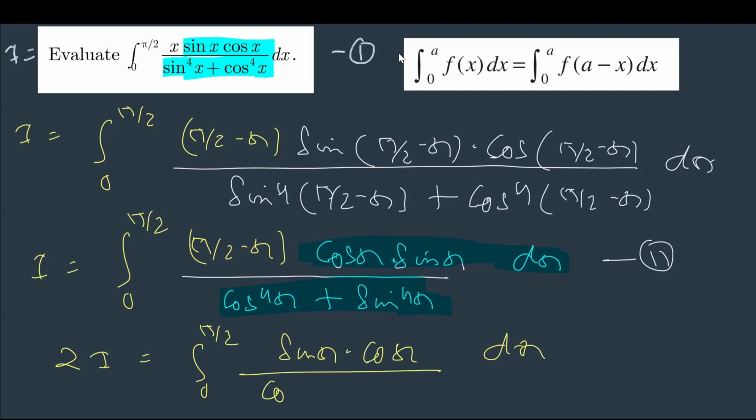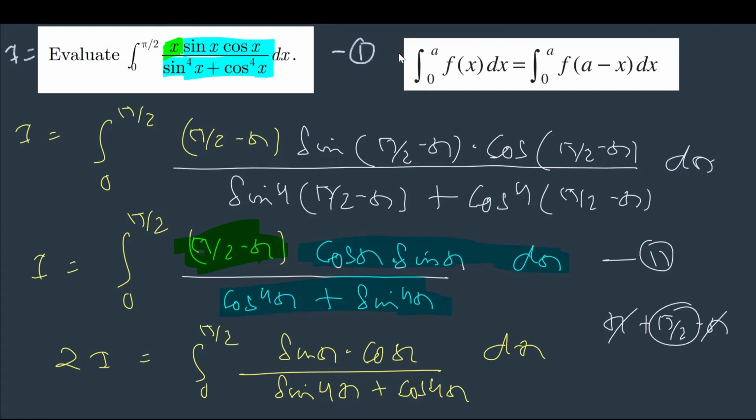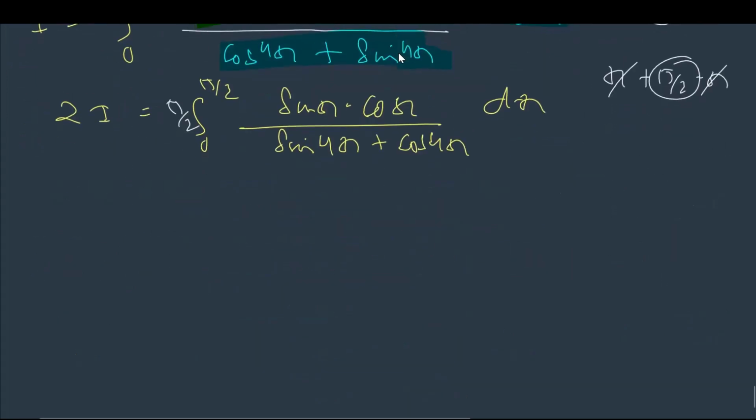And the denominator is sine raised to the power 4 plus cos raised to the power 4 x. And then ultimately we are going to add x with pi by 2 minus x. So if I add x with pi by 2 minus x, the x gets cancelled. So we get pi by 2, and that pi by 2 I'll write over here. This is what you will do.